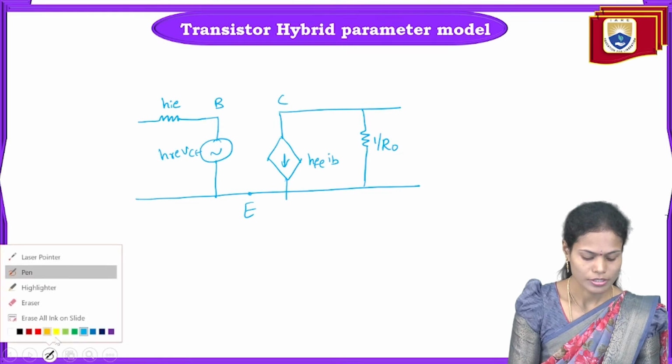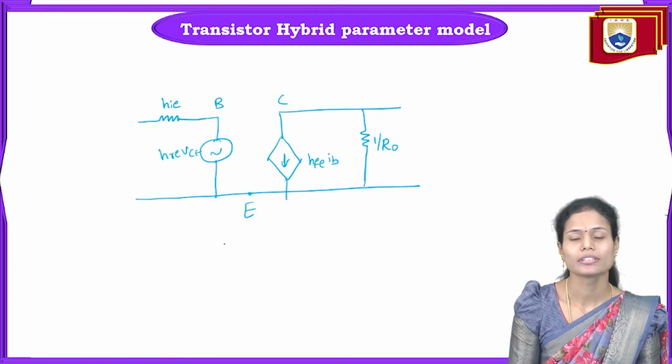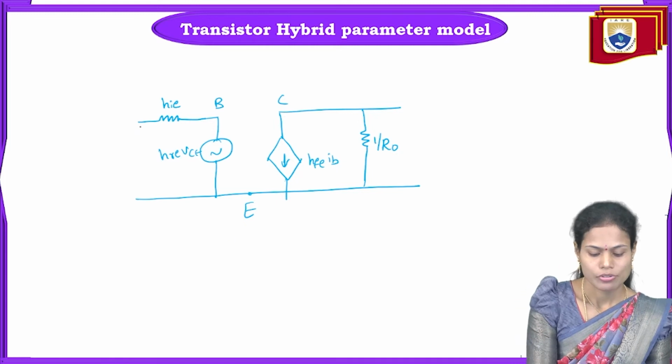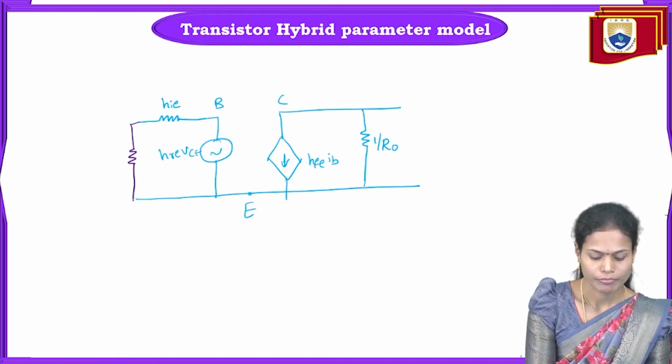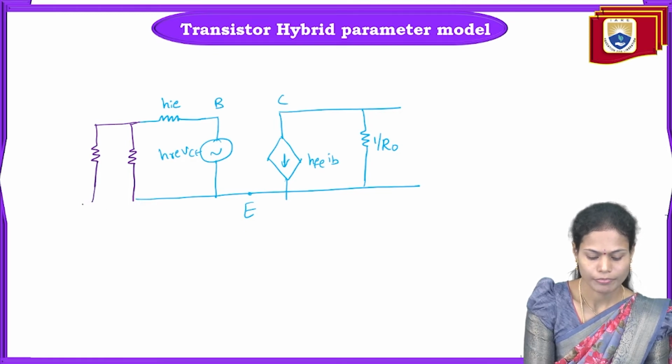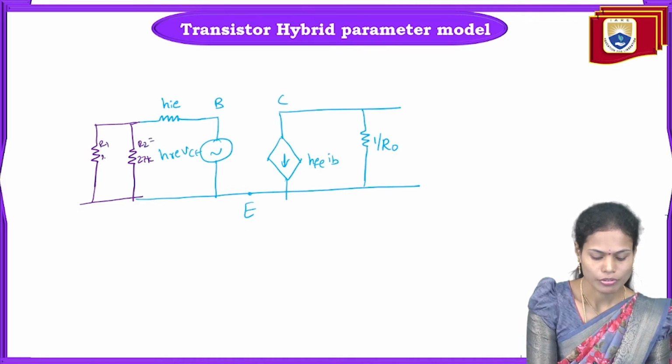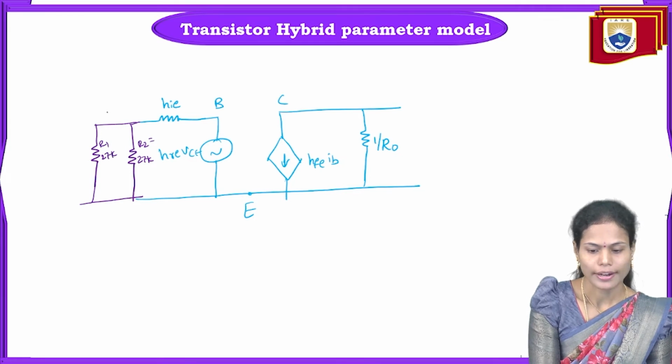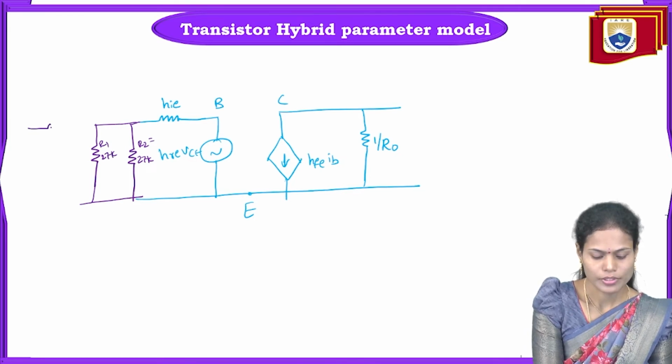Along with this, we also have the remaining elements of the circuit: R1, R2 resistances as well as the source resistance. First of all, I am drawing the R1 as well as R2 resistances. Both are in parallel. This is 27 kilo ohms, that is R2, and R1 is also 27 kilo ohms. And we also have the source resistance RS equal to 600 ohms.